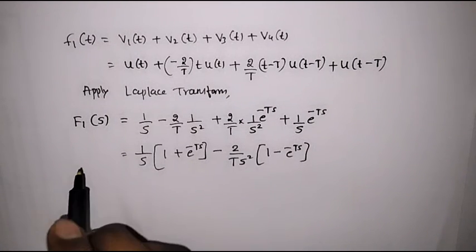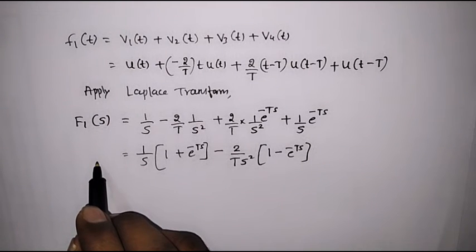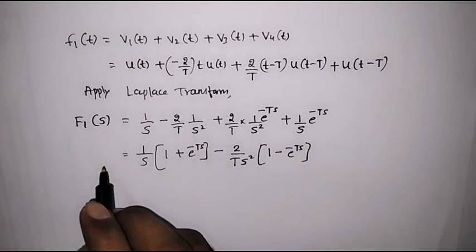So here f1 of s is one cycle of the periodic signal f of t.